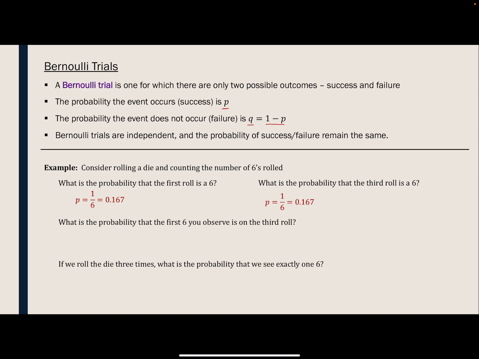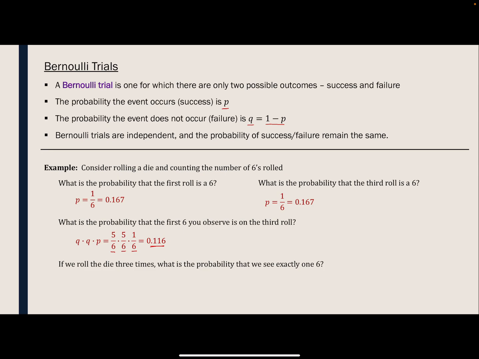So we're finding the probability that we have a failure, and then a failure, and then a success. And when you are using an AND with independent trials, we multiply those probabilities together. So we have the failure, which is 5/6, times the failure, which is 5/6, times the success, which is 1/6. And we get this as an answer.